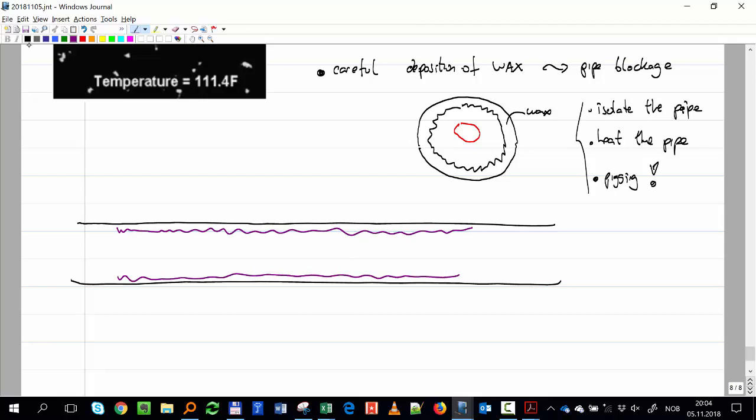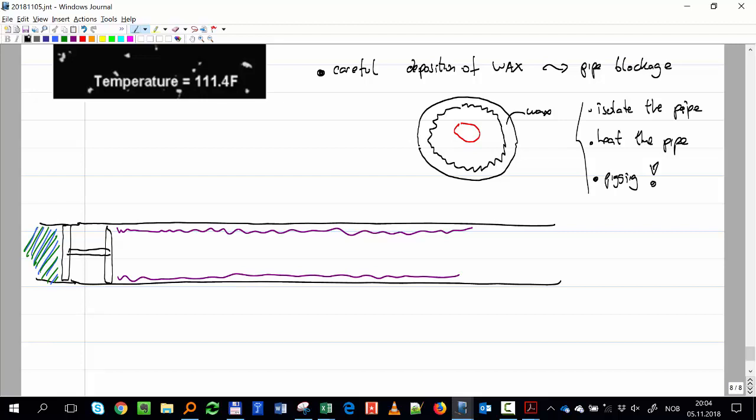You send a pig which has some discs and a center part, and you push it from behind with fluid, usually oil or water. Usually you use oil if it's a flow line. The pig goes scraping all of that wax from the walls, all the way until the end of the flow line.